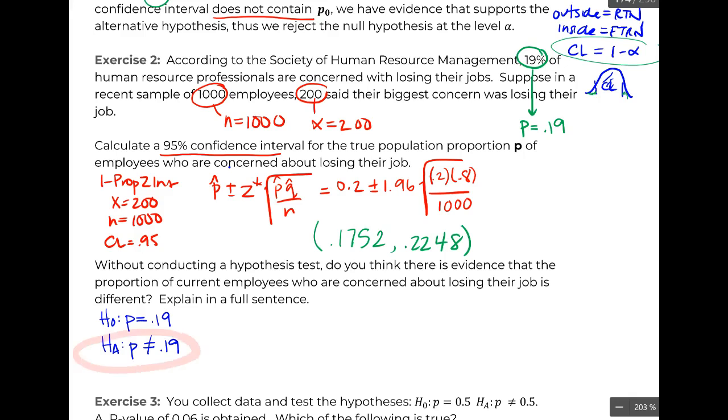And that's why we're just going to look and see, is this value 19 in our interval? And this one does fall directly in our interval. So it is possible that P equals 0.19. We cannot prove that P doesn't equal 0.19.